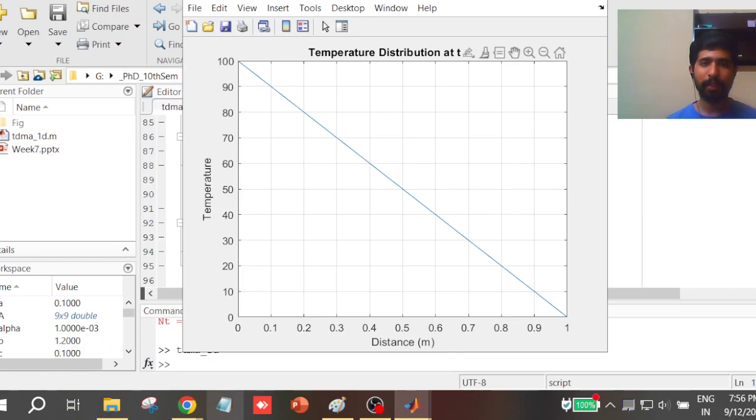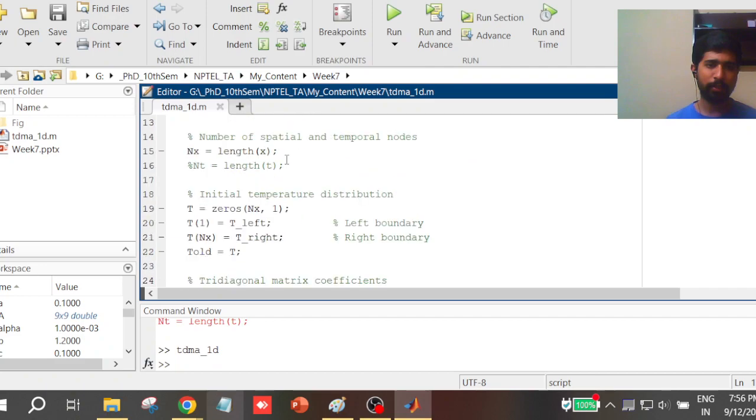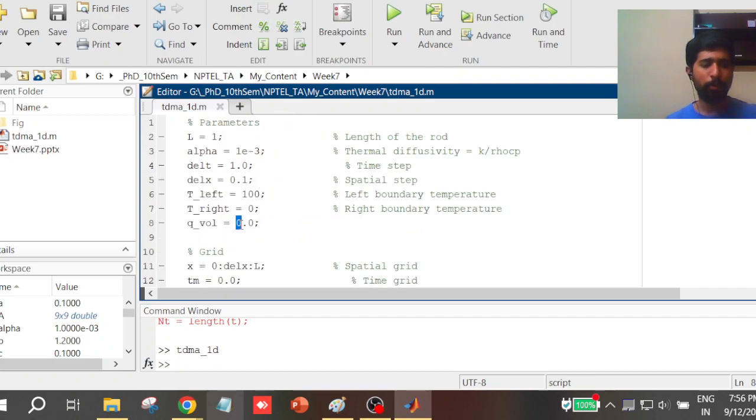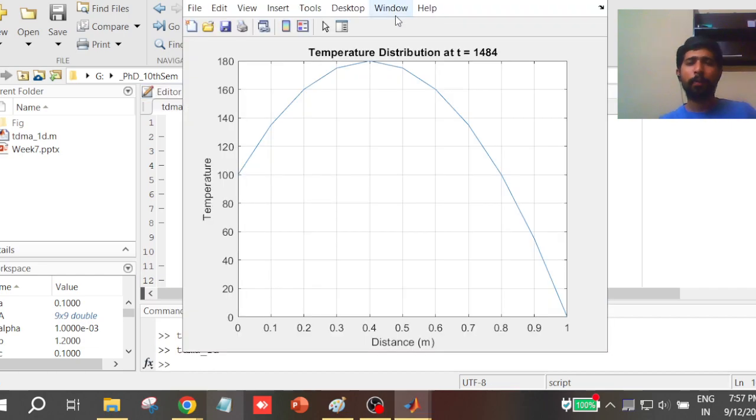Okay, so this is your temperature variation, which is the linear variation. Now, if I just add some volumetric heat generation, the temperature will actually move out of the boundary temperature values. You are supplying some heat, so it is a non-linear variation here.